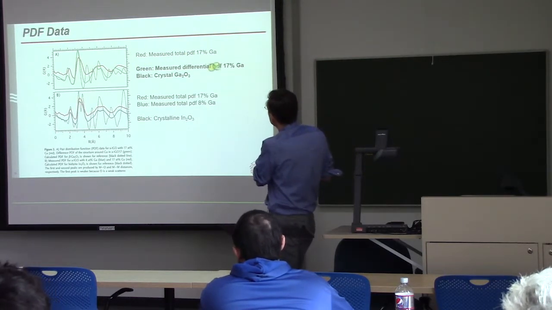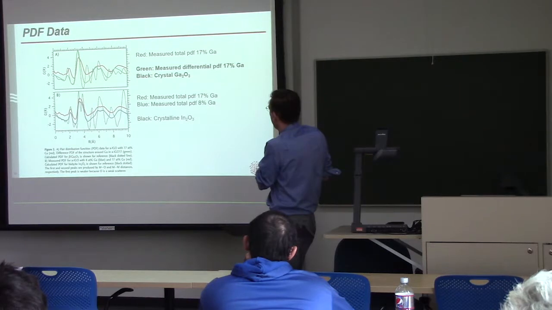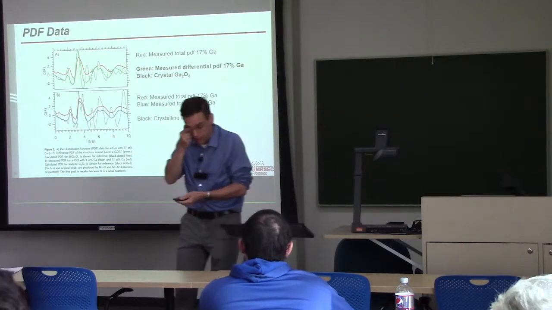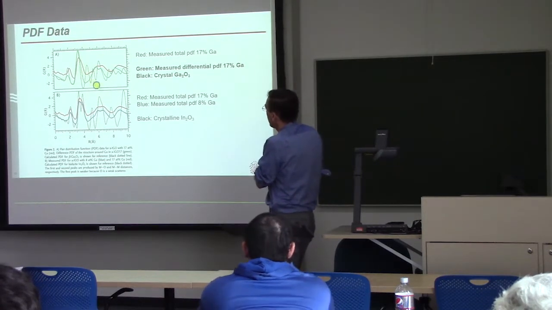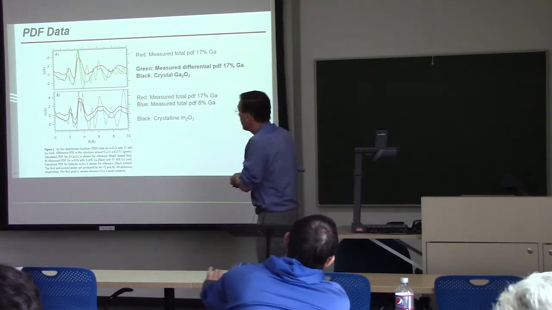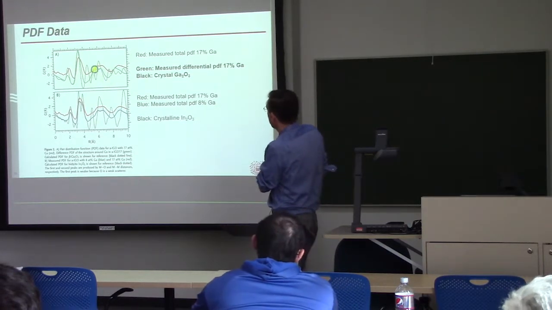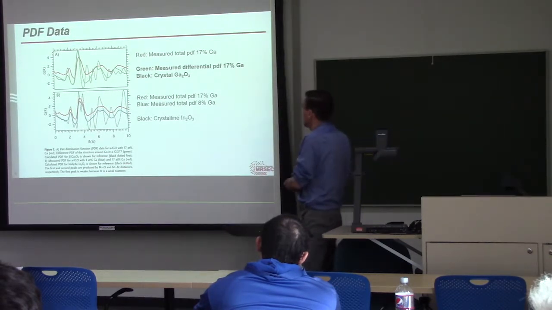The green is this differential PDF, and you can see that the gallium is like it's in gallium oxide, but not quite. And if you look carefully at what would be required to match this PDF, you'll find that the gallium is not in a position to crystallize, and that the gallium inhibits the formation of the Ga2O3 and inhibits the crystallization of the whole material.